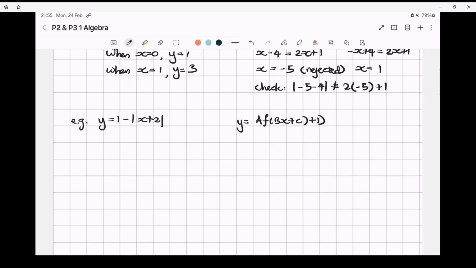But for now, what is important over here is to compare between the right side of the equation and the left side. So you know that for a modulus function, so let's say you have y equals to modulus x, the graph essentially looks like this.